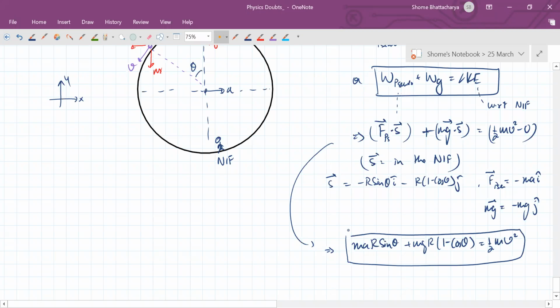So V will become square root of R into this plus this.